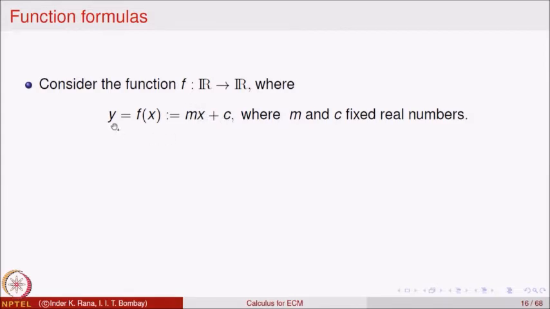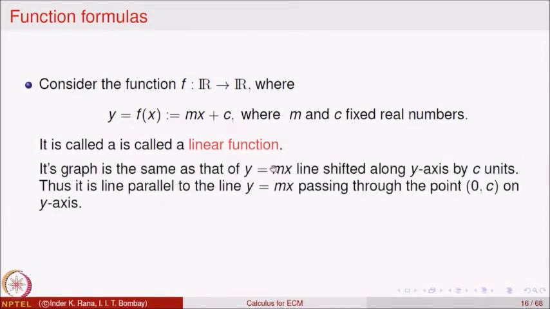That means the y coordinate is being translated by c units. So, we can just look at the dynamic aspect of geometry and say that the graph of this function, also called a linear function, is nothing but the graph of the line y equal to mx shifted along the y axis by c units.